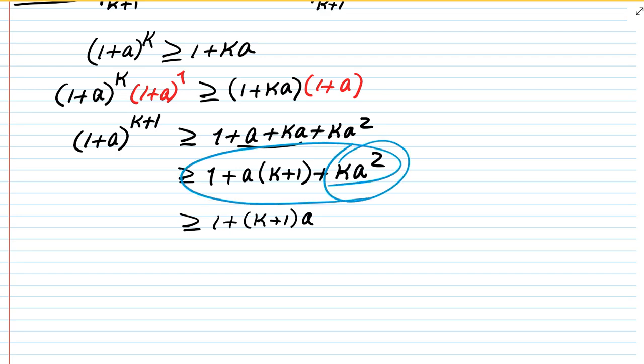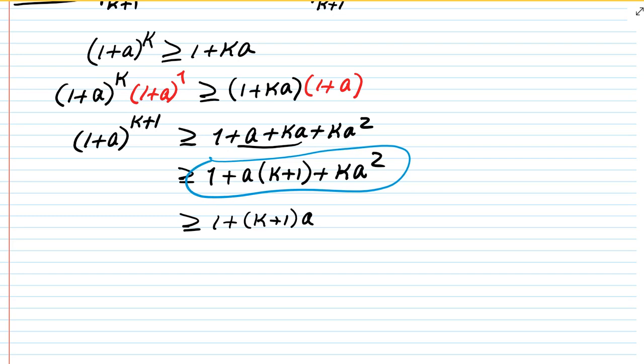So all of this is going to be bigger than just that, right? Think about the three terms. These three terms, their sum will be bigger than the sum of these two terms, right? Okay, and because ka squared is positive. Because k is natural, a squared is positive, so you're adding a positive number.